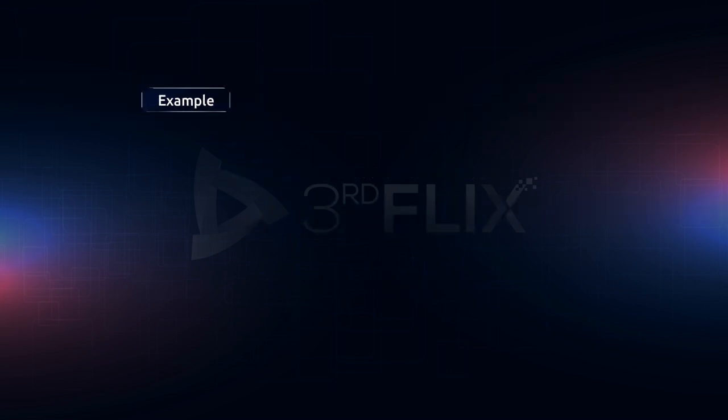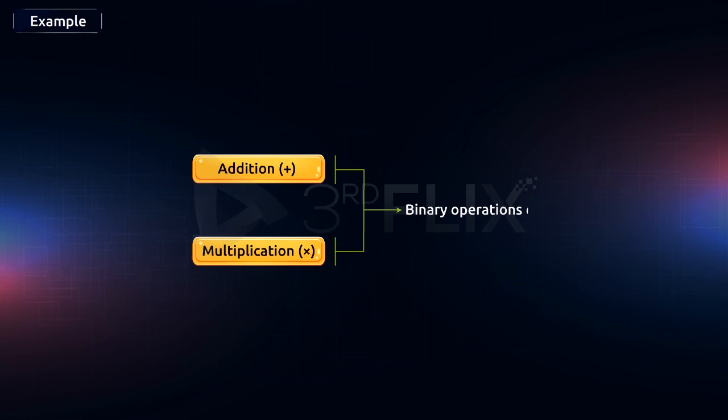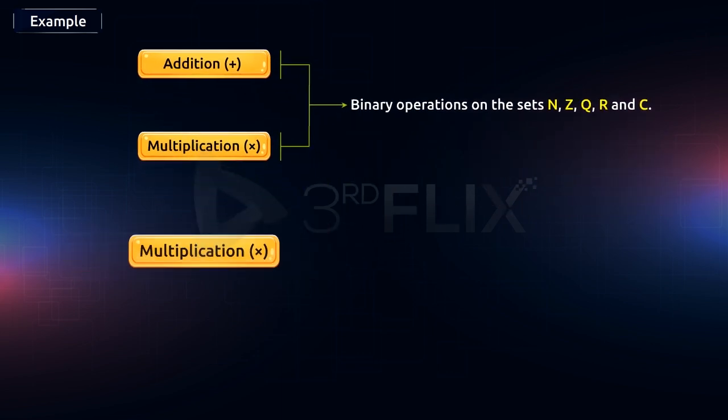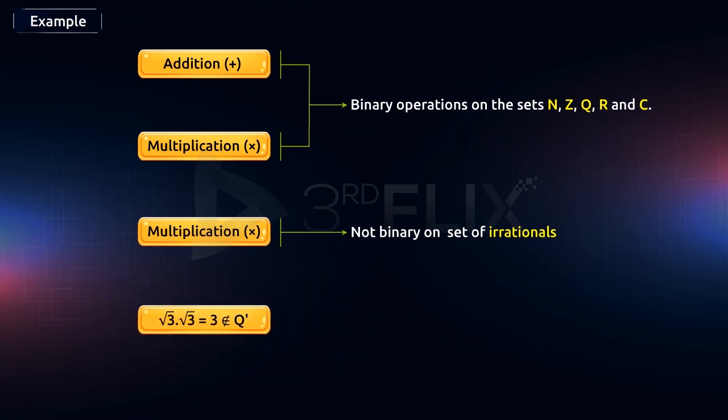Example: addition (plus) as well as multiplication (into) are binary operations on the sets natural numbers N, integers Z, rational numbers Q, real numbers R, and complex numbers C. Multiplication is not a binary operation on the set of irrationals, for root 3 into root 3 equals 3, and 3 does not belong to Q dash, whereas root 3 belongs to the irrational number set Q dash.